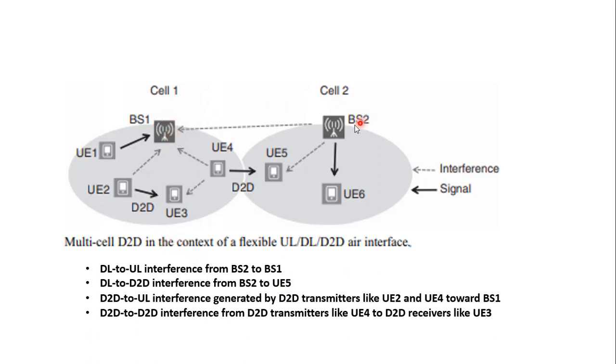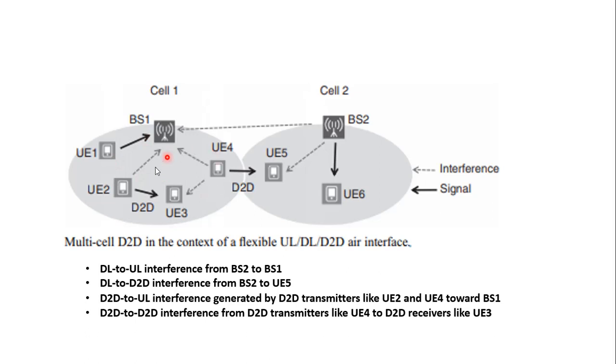Downlink to D2D interference from base station 2 to user interface 5, you can see this here. Next, D2D to uplink interference generated by D2D transmitters like user interface 2 and user interface 4 towards base station 1.